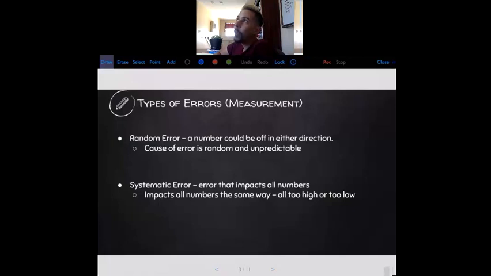Maybe the scale automatically deducts 1/4 pound, or automatically deducts 25% of the weight. It's always going to be too low, so it's always impacting the number in the same way. An error that happens over and over again because of the same fault is a systematic error, and a random error is just an error that happens by chance. So on we go.